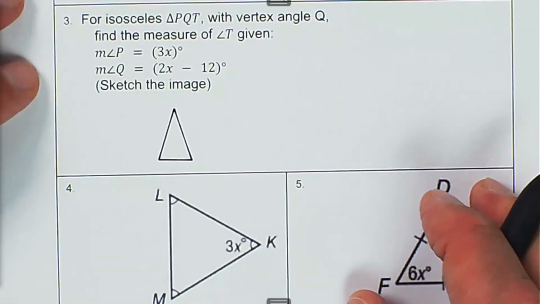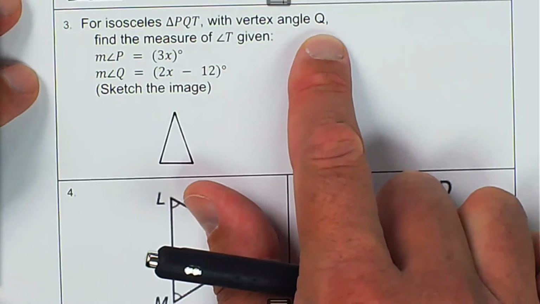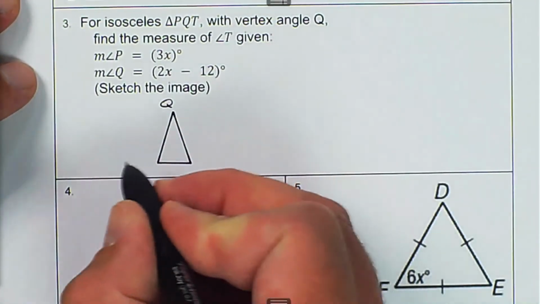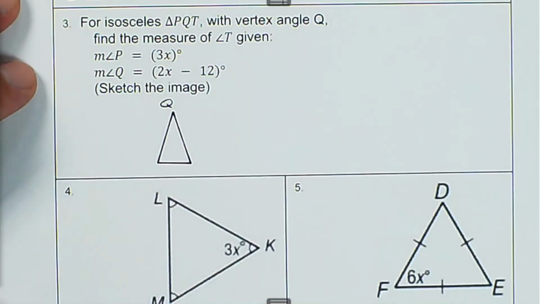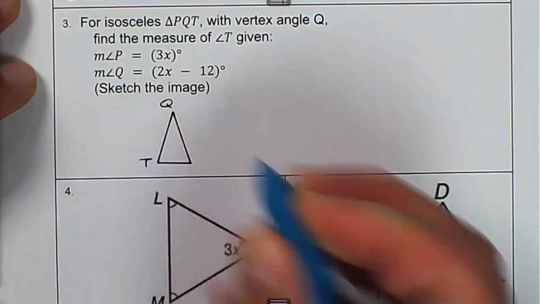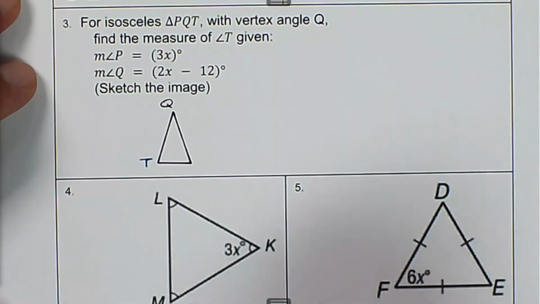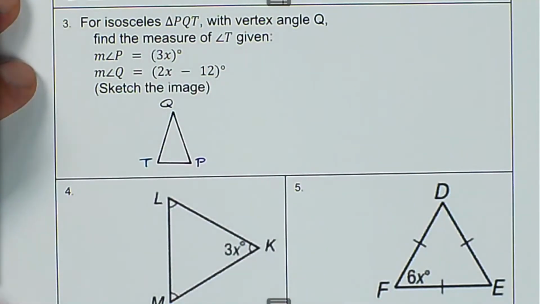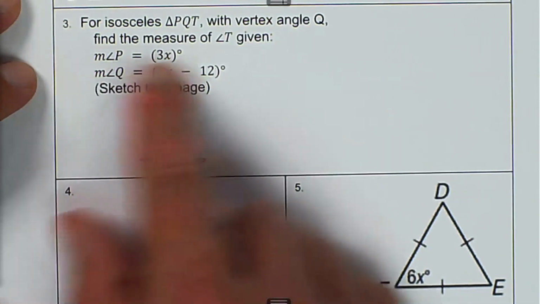The other piece of information they gave us is Q is the vertex angle. So we have Q, and then T and P are the other two angles. Now I want to substitute in the values that we're given.